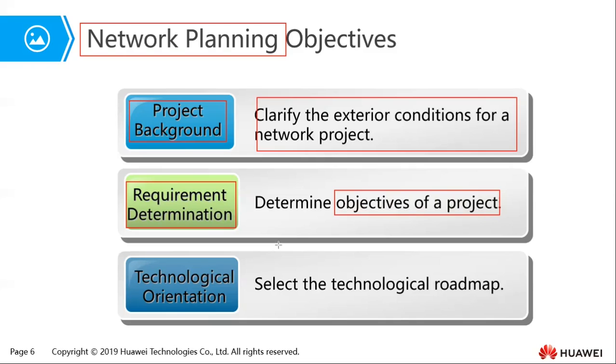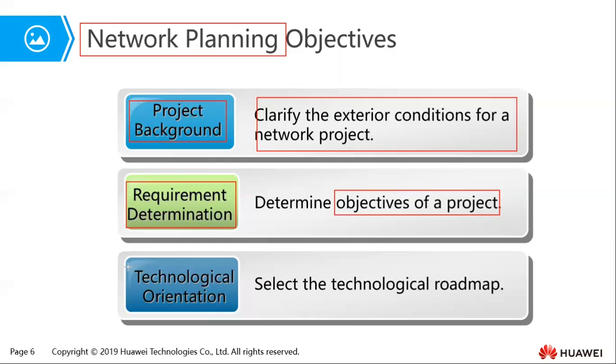So you need to understand and clarify the customer requirement so that you have a comprehensive and accurate project objective. Why do they want to do this? What do they want to achieve? How is it going to impact their business? So that is about the requirement determination.